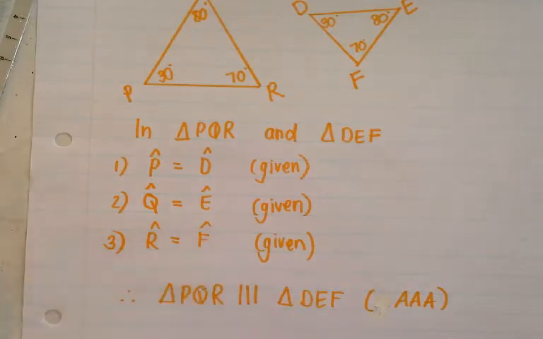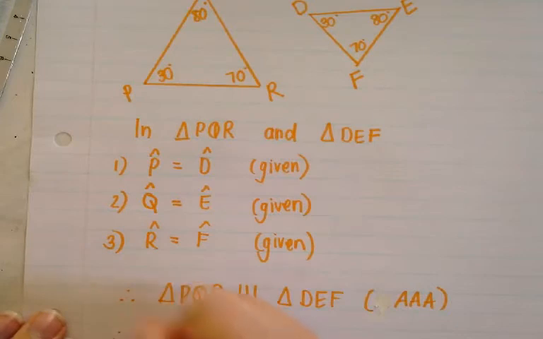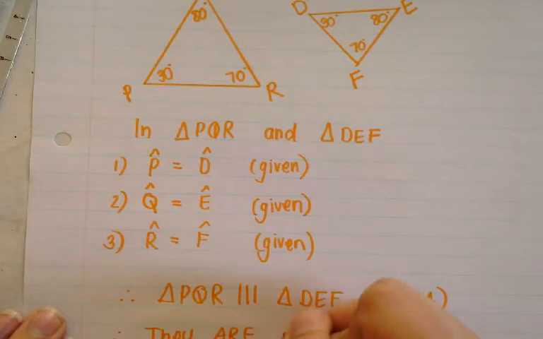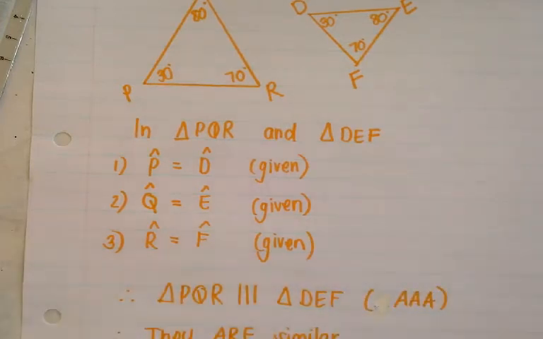Now we know that the triangles are similar. Okay? Therefore, they are similar. That means they have the same shape, right? But it also means that the sides are in proportion. That means that they have the same factor between them.